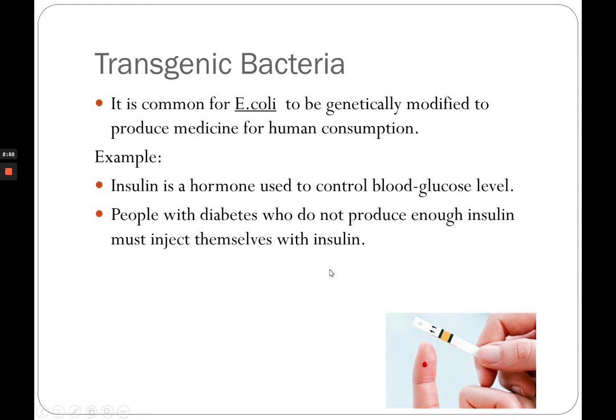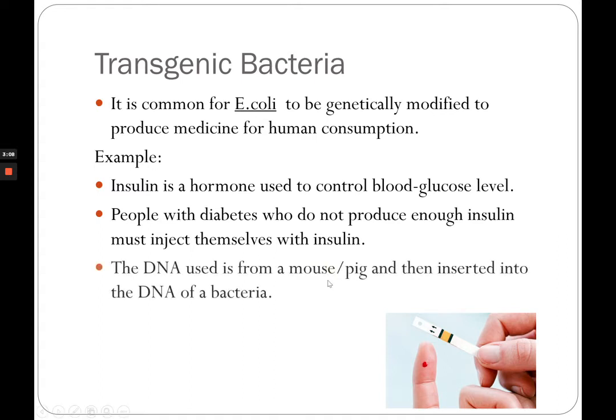But in order to do that, E. coli must have a set of DNA or genetic sequences that instruct the cell how to make insulin. So in order to get that, the DNA is actually used from a mouse or a pig.